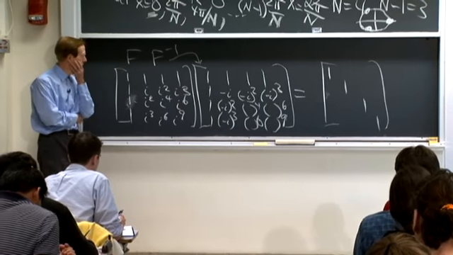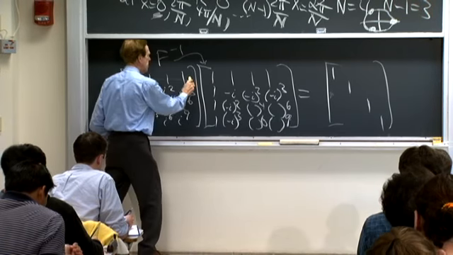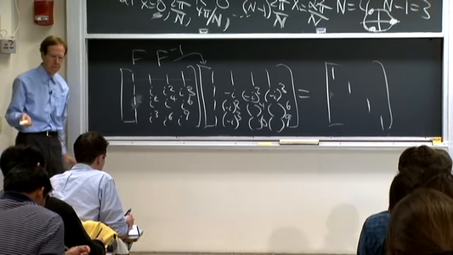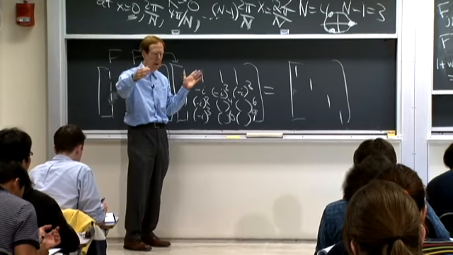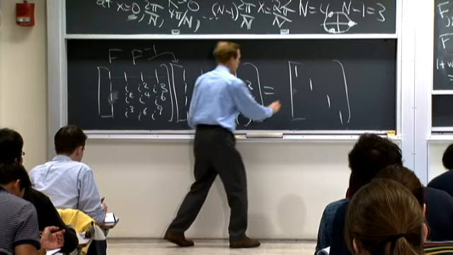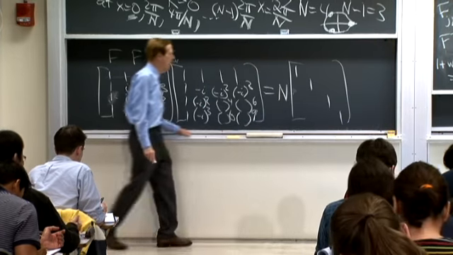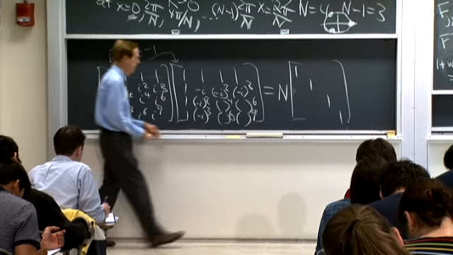Now, do you see that coming? When I multiply this by this, what do I get? 4. If they were n by n, I'd have n ones against n ones, so I'd expect an n there. So f times f inverse.